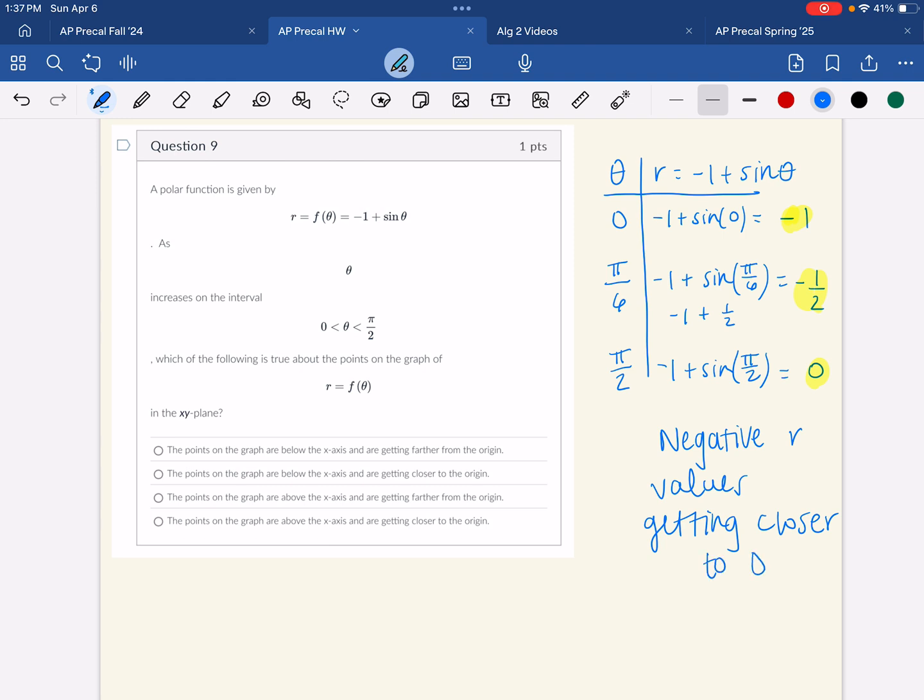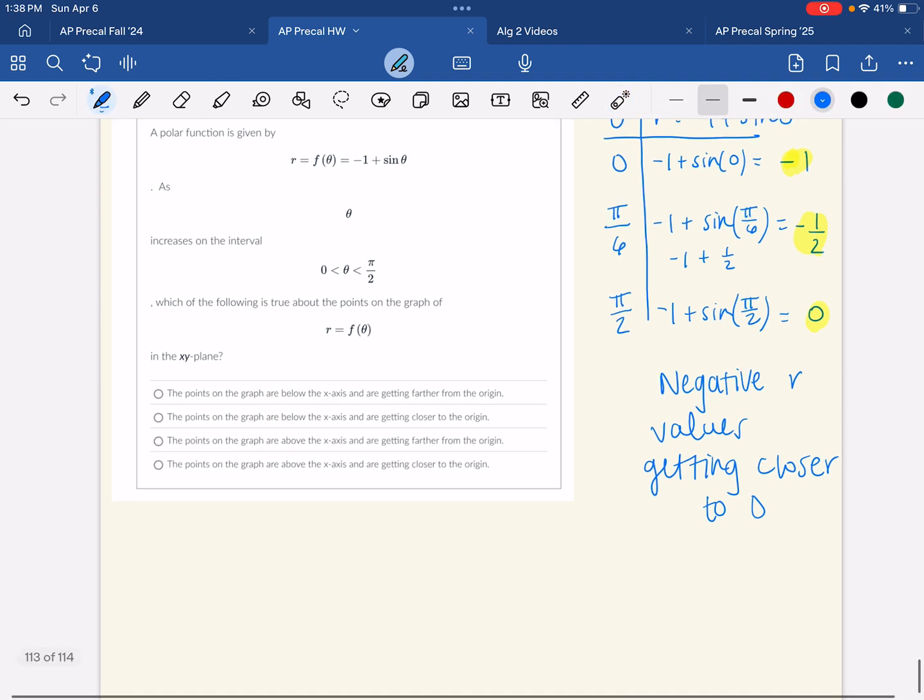So I should expect that the points are going to be, now how does this equate? Just because they're negative doesn't mean they're necessarily below the x-axis. These are the radius lengths that I would be measuring in the first quadrant. So this is a polar graph right here. So let's see where they would be.